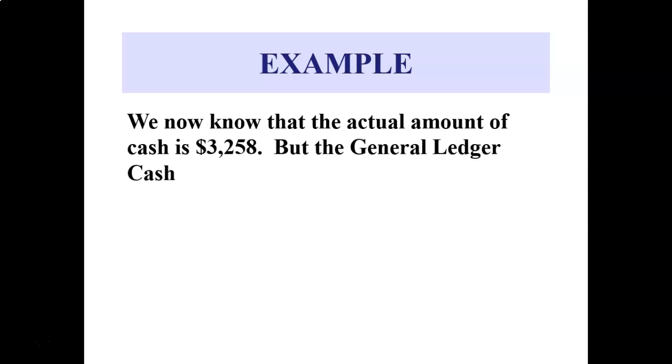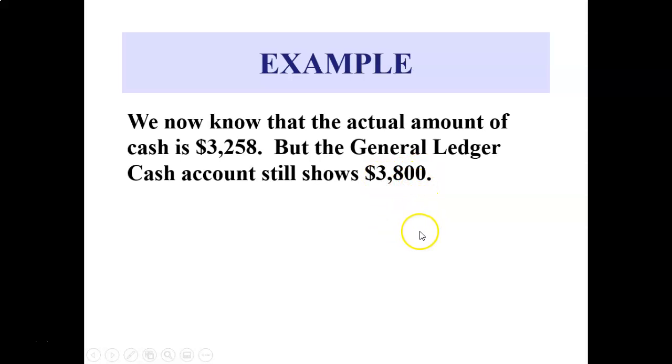We now know that the true balance is $3,258 from our bank rec, but the general ledger cash and the check register still show $3,800. A bank rec is not the books. Okay, the general ledger, the journal, and the ledger are the books. And they still say $3,800.